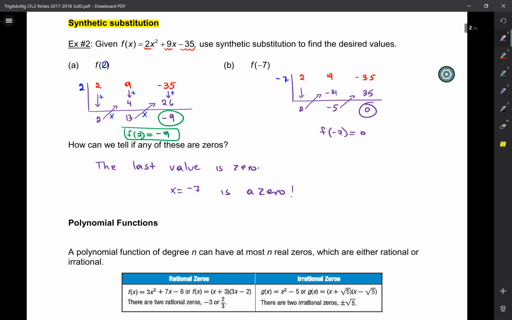In those questions, I'm actually testing whether or not you know the difference. So you have to do it that way. If you get the right answer with the wrong method, you can't get full credit. However, if I just say, find f of 4, and haven't specified a method, it's totally up to you. My go-to is always synthetic, unless it's like a 1 or something. Okay, or a 0.